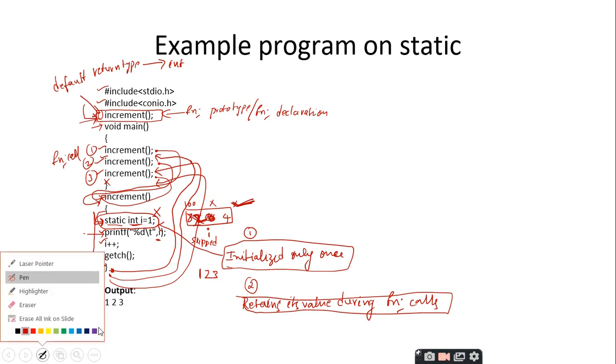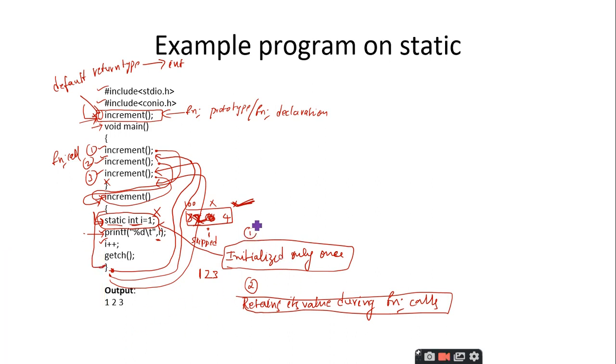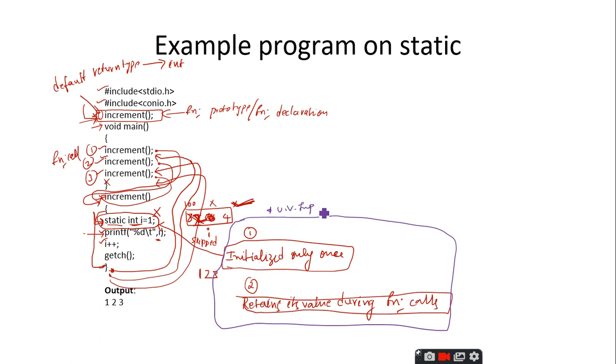So if somebody asks you whether you know something about static variables or not, they will be expecting these 2 points to be explained by you. So be careful, please. Very important point. Please make a note of this one.